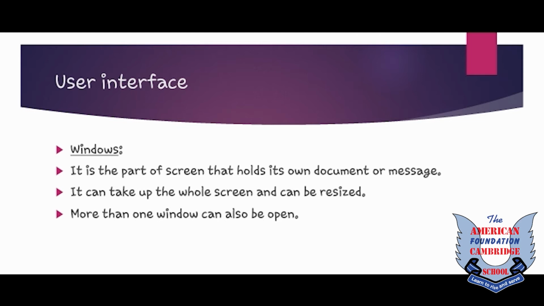Windows is the part of the screen that holds its own document or messages. It can take up the whole screen and can be resized. You can minimize the screen, you can maximize the screen, etc. More than one window can also be open, definitely.